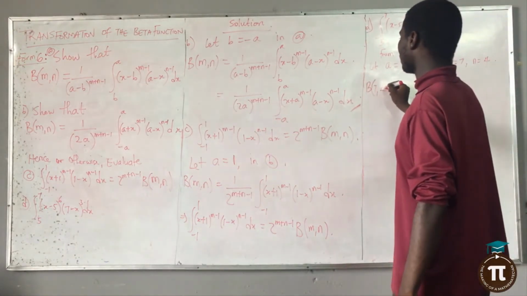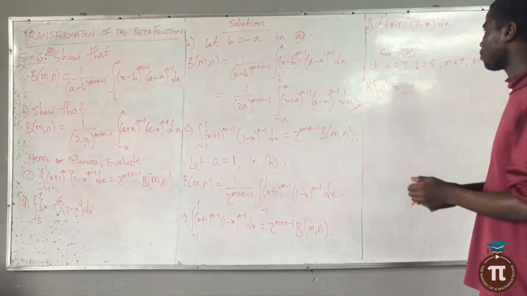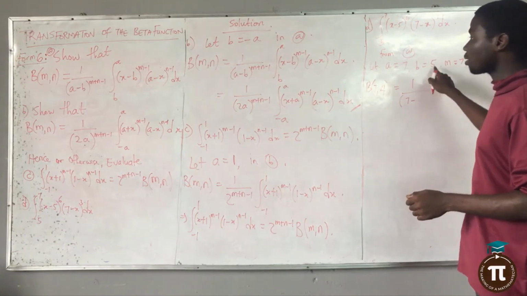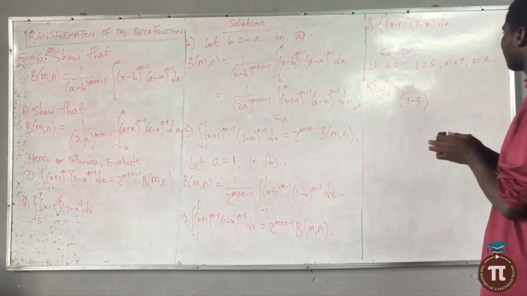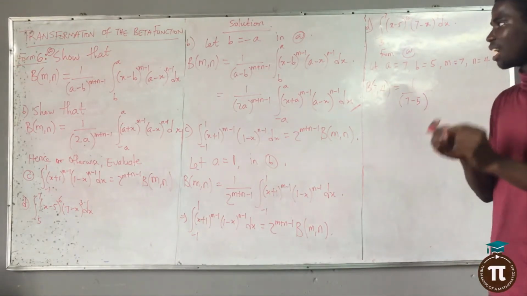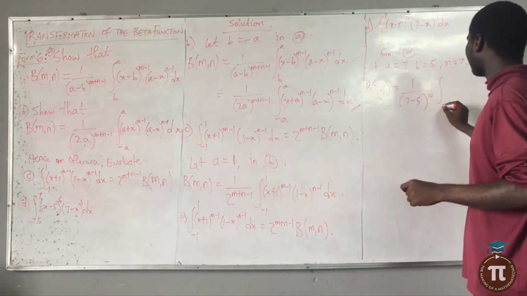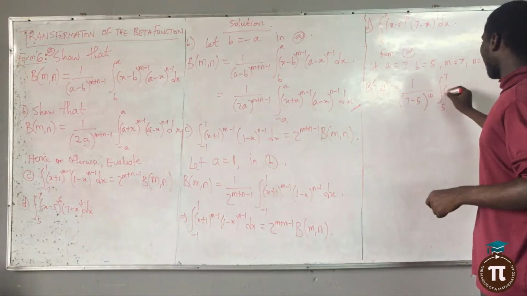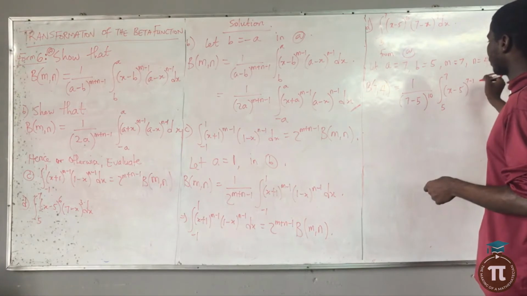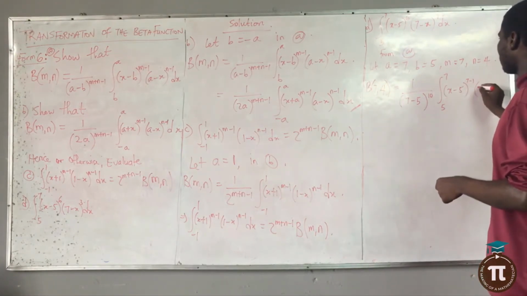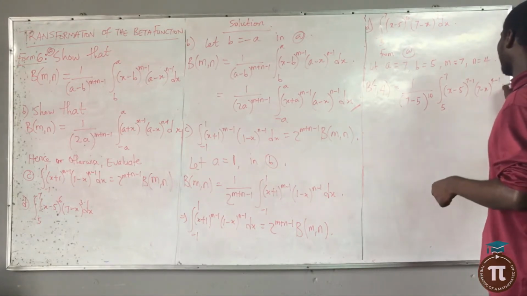So from A, it means that beta of m, n, that is beta of 7, 4, will be equal to 1 over (A minus B) raised to the power of m plus n minus 1. A is 7 minus B, B is 5. That is 7 plus 4, that is 11 minus 1, 10. That is raised to power 10, integral from 5 to 7 of (x-5)^(7-1) (7-x)^(4-1) dx.